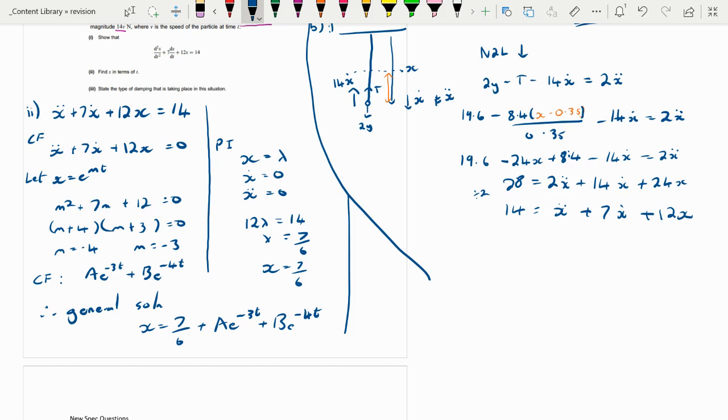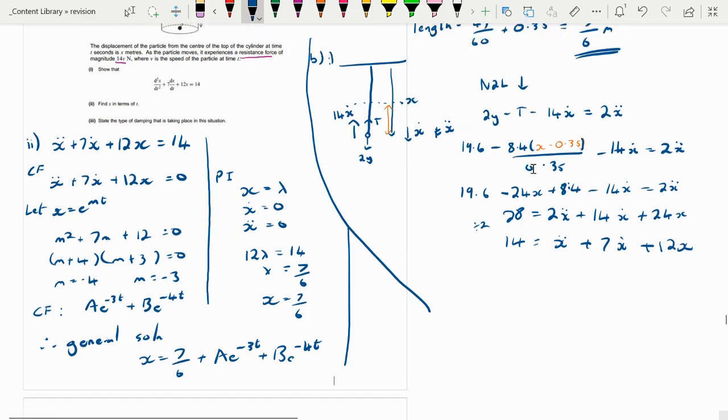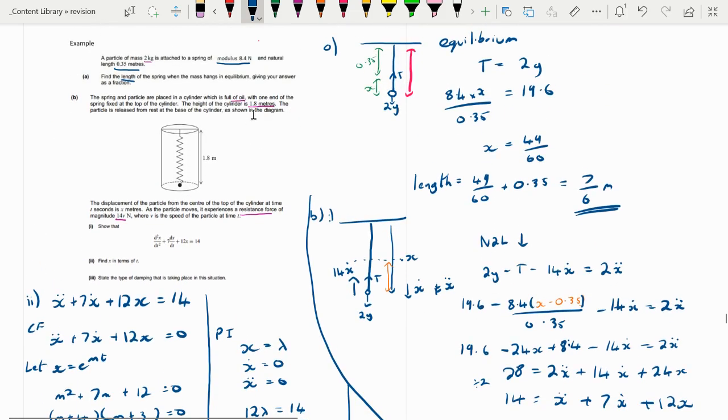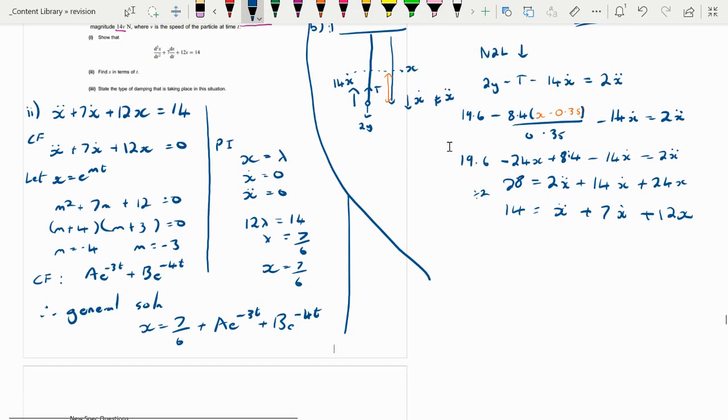So now I need to keep going. You think of some things they told me. Well, they told me basically it was pulled down to 1.8 and then released. So it's pulled all the way down to here. So I know when time is 0, its velocity is 0, and it's down at the bottom, so its x is 1.8. So that's what I'm going to use to try and solve that.